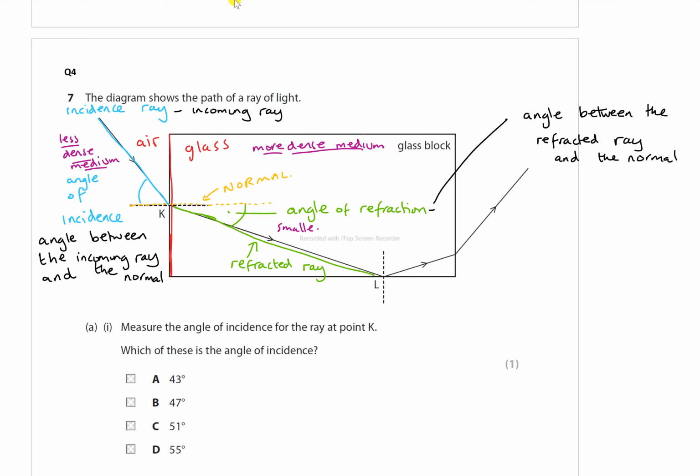What I'm going to do is, maybe I should do it like this. You can have air, glass, air. So here's a ray, it comes in. Let's try to do it in such a way, yeah, so that's your normal.